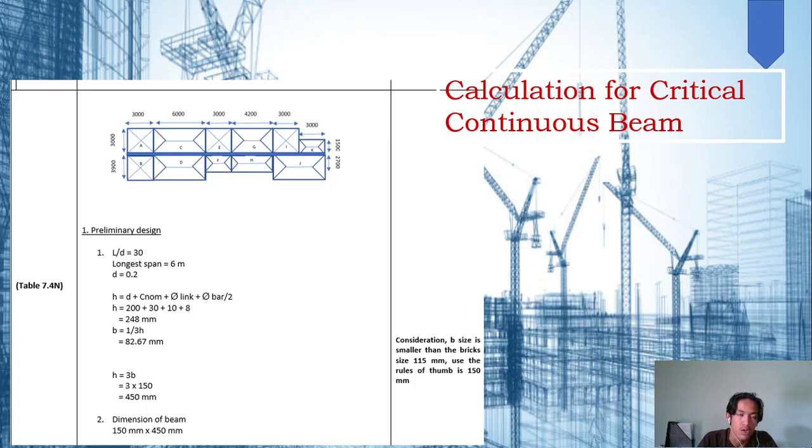At the top of the calculation, I have provided the illustration of the critical continuous beam, which beside it has a slab that transfers the load to the beam. So for the preliminary design, LD is equal to 30. The longest span is 6 meter. So the D is 0.2.